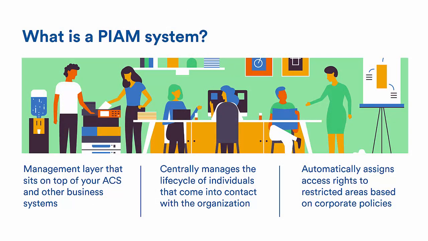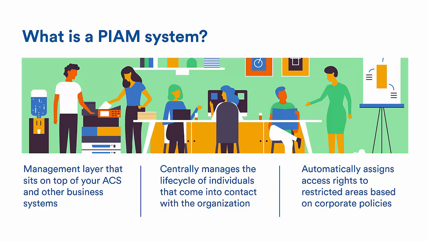So physical identity and access management solutions provide unified identity management capabilities across all IT applications, physical security systems, and the network. These systems allow end users to centrally manage the life cycle of identities for anybody that comes into contact with the company, including employees, clients, contractors, suppliers, and so on.